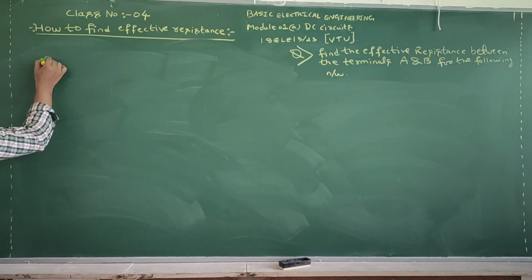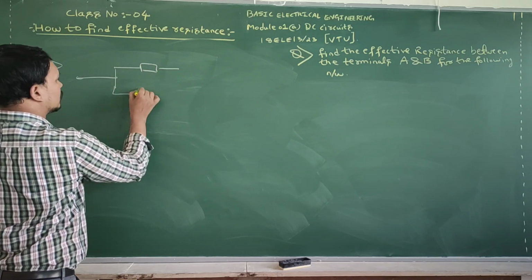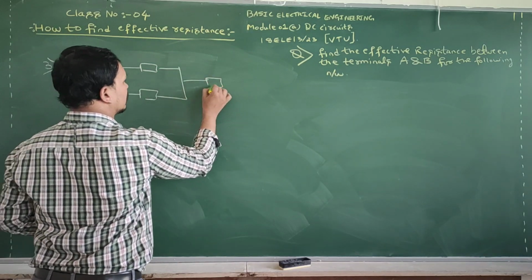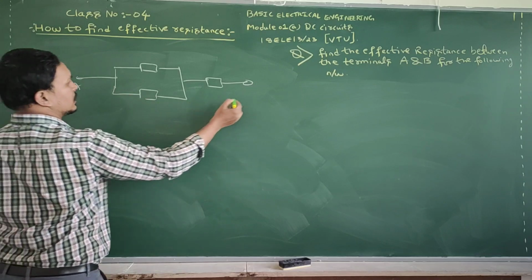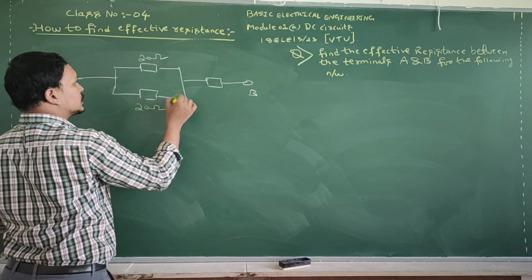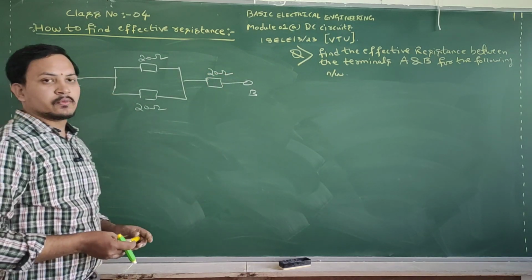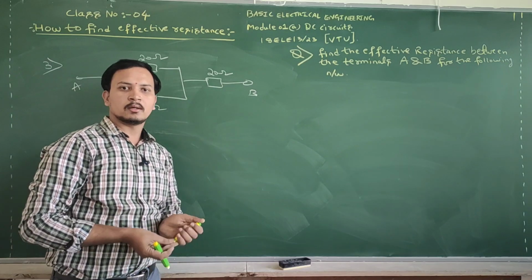Okay, now question number 3. Terminal A and terminal B. 20 ohm, 20 ohm and 20 ohm. What is the effective resistance between the terminals A and B?